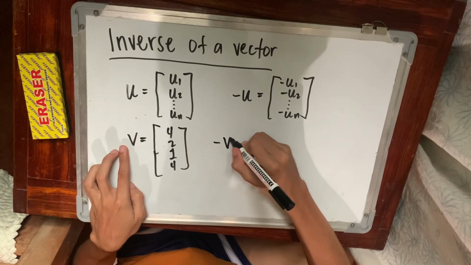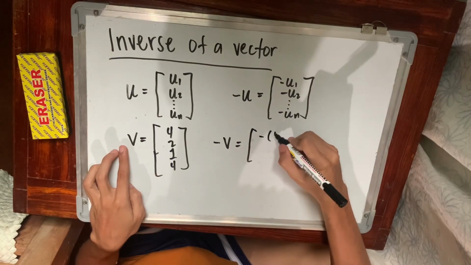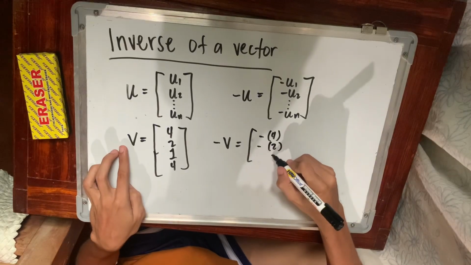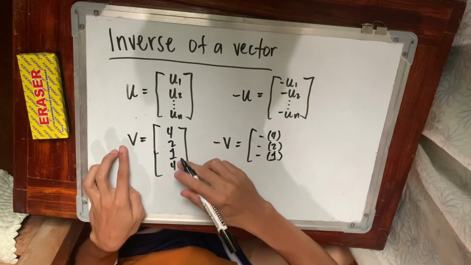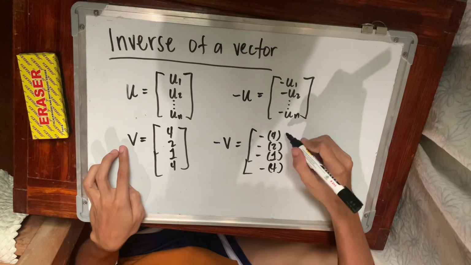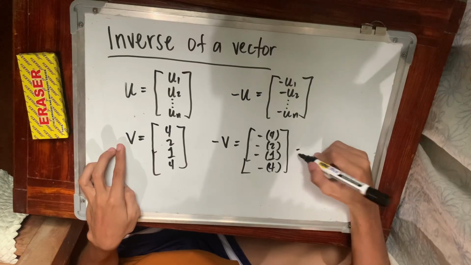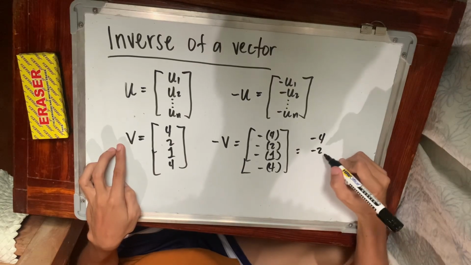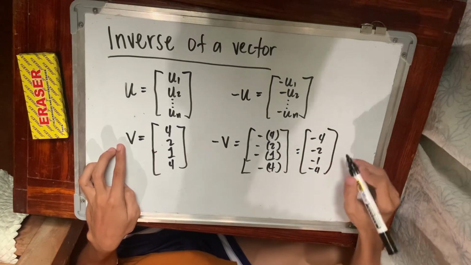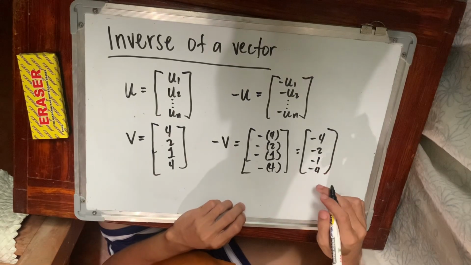So negation of vector b is equal to negation of 4, negation of 2, negation of 1, and negation of 4. So the answer, negative times positive, is just like -4, -2, -1, -4. So this is the inverse of vector b.